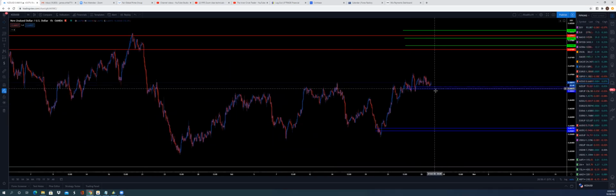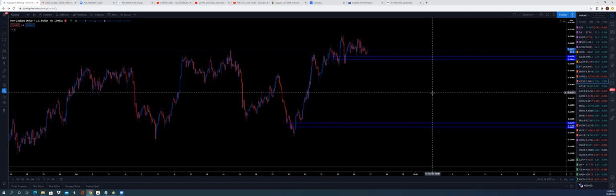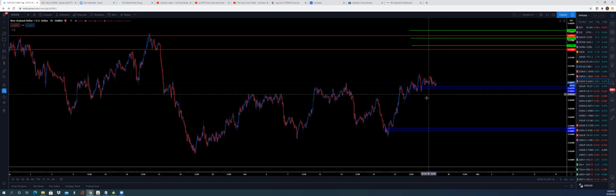That's what I would like to see out of NZD/USD.